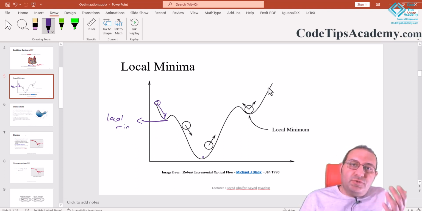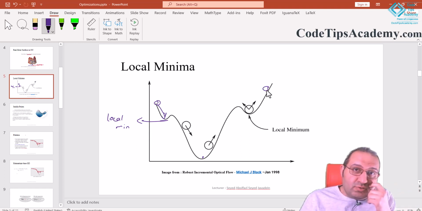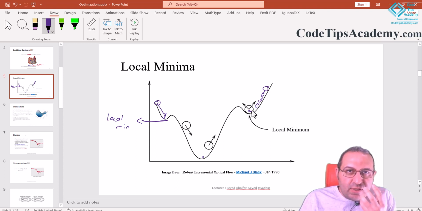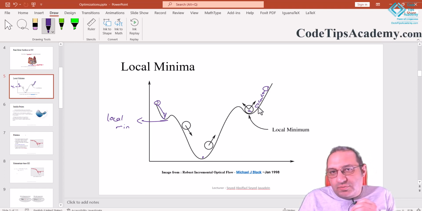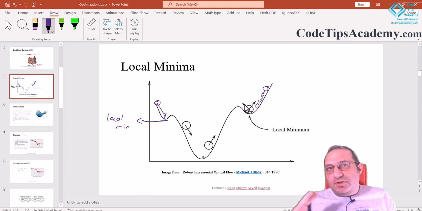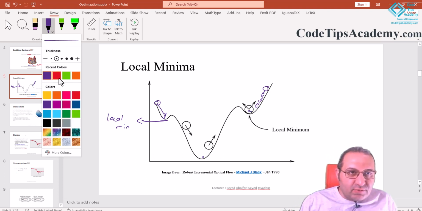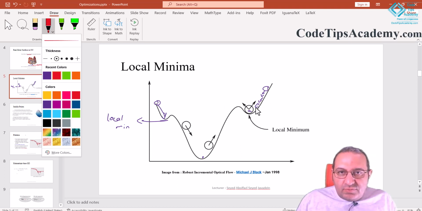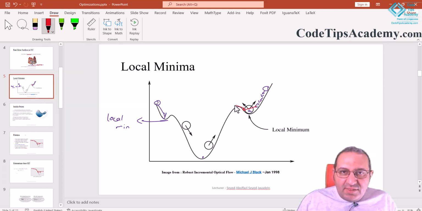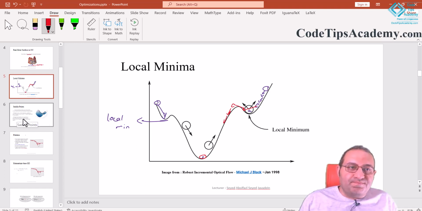Or sometimes you start from here and go step by step until you reach here. We should have a method so that when we reach here, we can step forward and pass over the local minimum, and then continue our training to reach the global minimum. This is the concept that we want to speak about.